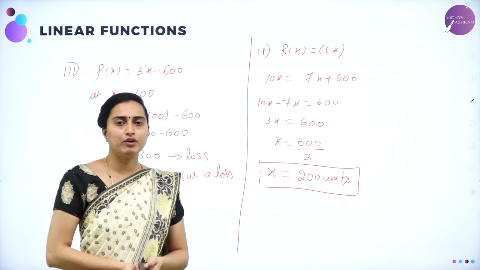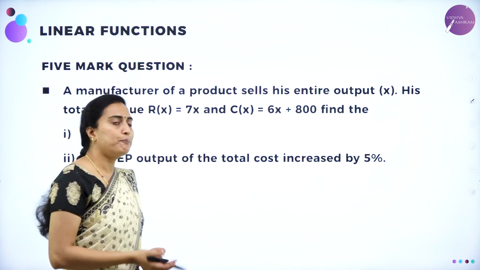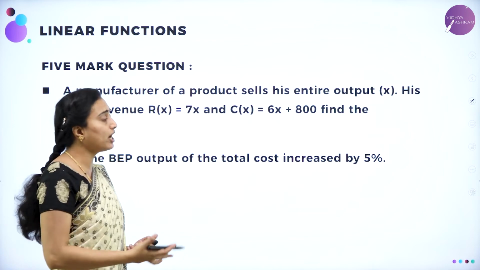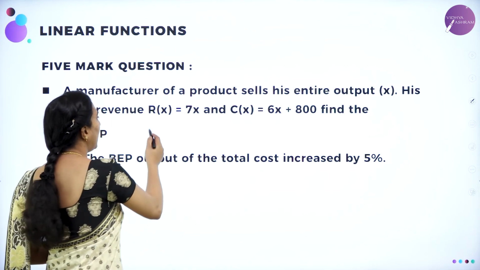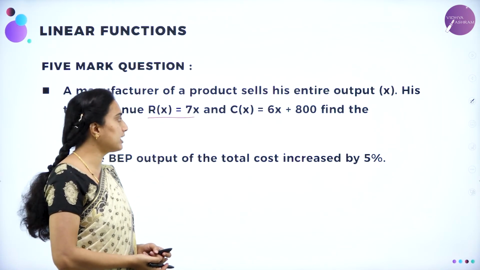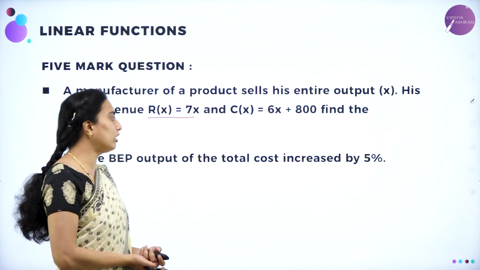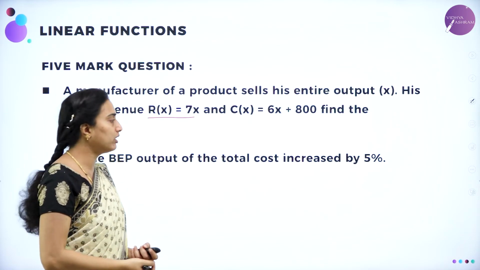Now we'll be moving on to the next question, dears. What they've asked? A manufacturer of a product sells his entire output x. His total revenue is R of x equal to 7x and C of x is equal to 6x plus 800. Find the BEP output if the total cost increased by 5%. Now first let us find out the BEP.